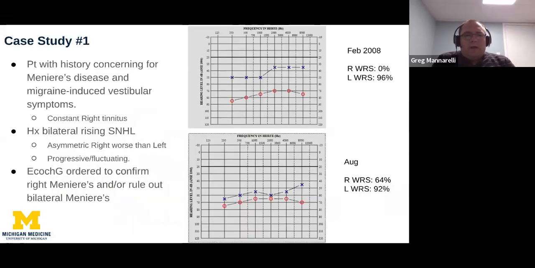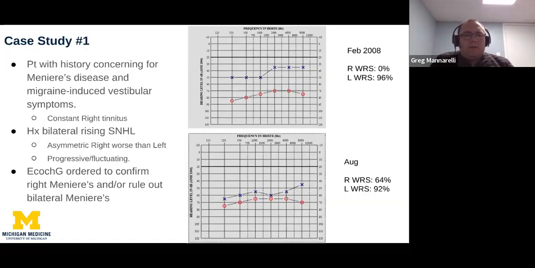I thought I would give one case study of the use of electrocochleography in a Meniere's patient. Here we have a patient with a history concerning for Meniere's disease. She also has migraine-induced vestibular symptoms, so she has multiple possible causes for her vertigo, dizziness, and some of her auditory symptoms.